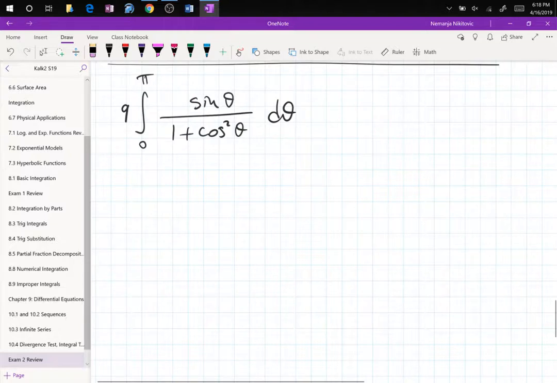The 1 plus cosine. Isn't that 1 plus cosine 2 theta? Oh, squared, okay. Just squared. Put a negative somewhere. So shouldn't it be sine theta over cosine squared theta? Oh, yeah. Okay, so what is the answer?